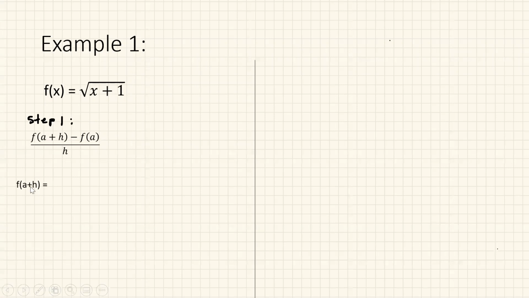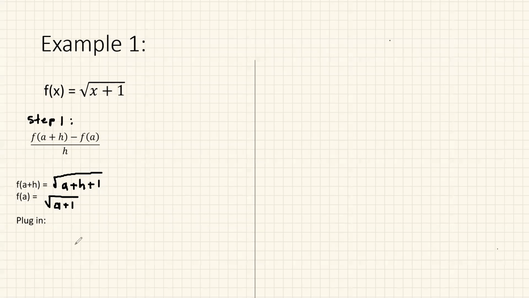In our second step, we're going to utilize this and our function in order to substitute. So f of a plus h, when we use our function, is going to be the square root of a plus h plus 1, and f of a will be the square root of a plus 1. So now we are going to plug it in.